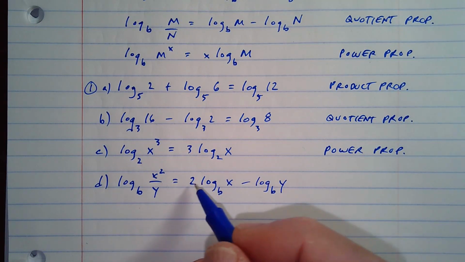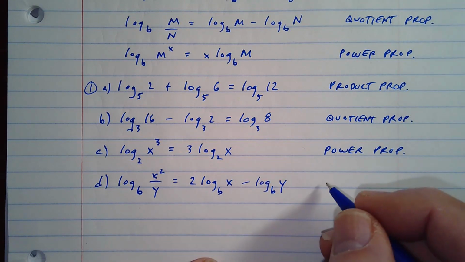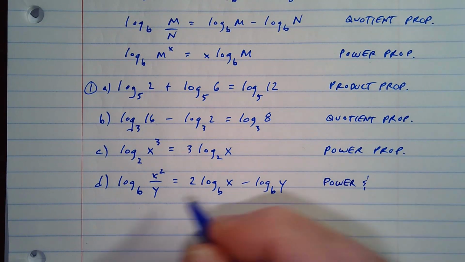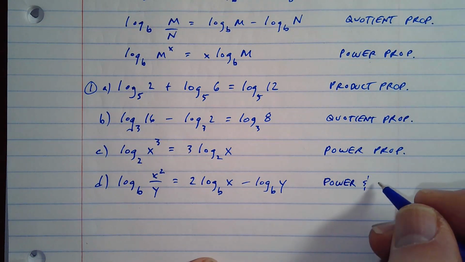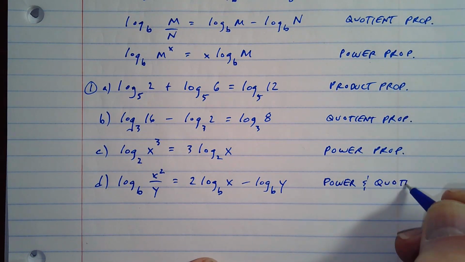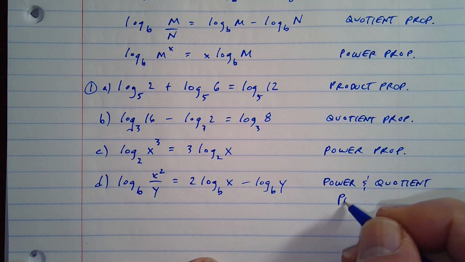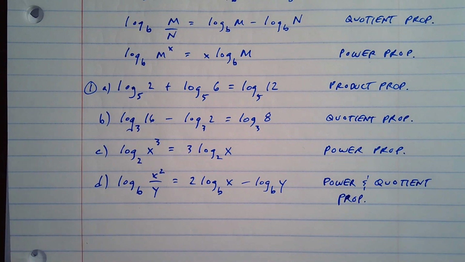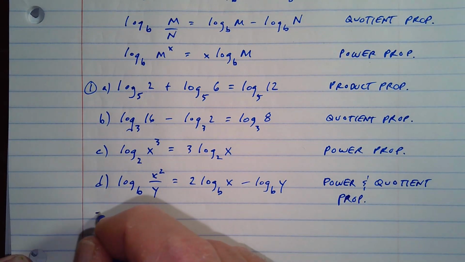It drops this 2 down out of the exponent of that x squared term, and so that's our power property. And this division, this fraction here, is turned into subtracting, so that's the quotient. So this is a combo of two, both the power and quotient property. The order that you write those is random. Either way is fine.